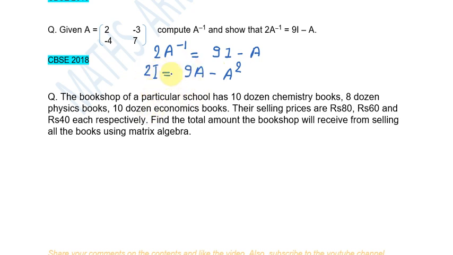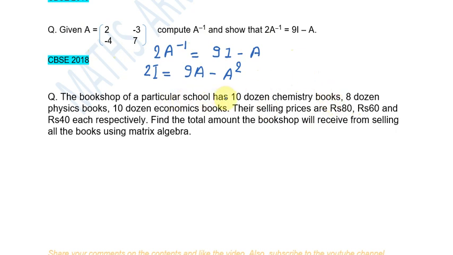Okay, so this is another method in which you can show that 2A inverse is equal to this one, but anyway you are computing A inverse and then substituting the value of A inverse, and you can find LHS is equal to RHS.